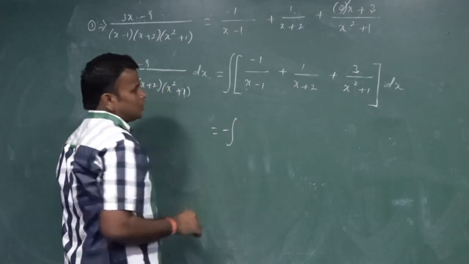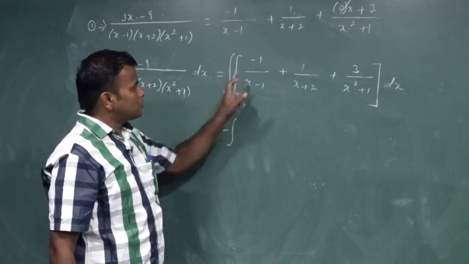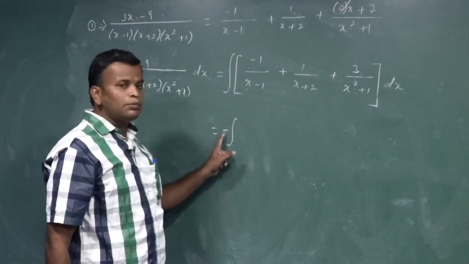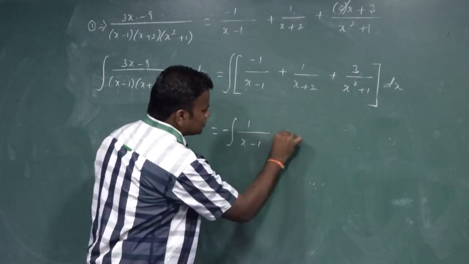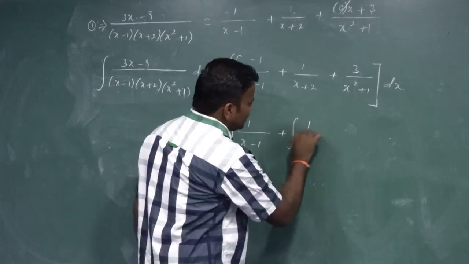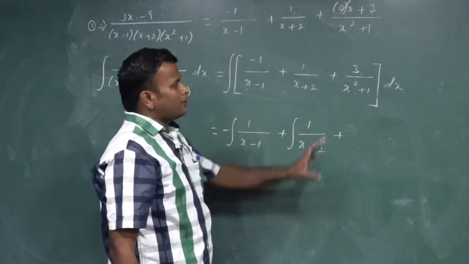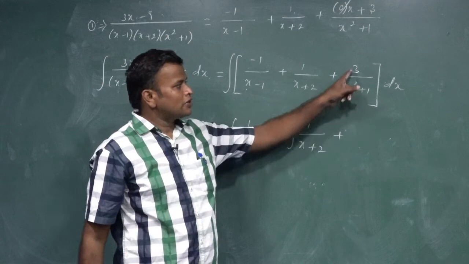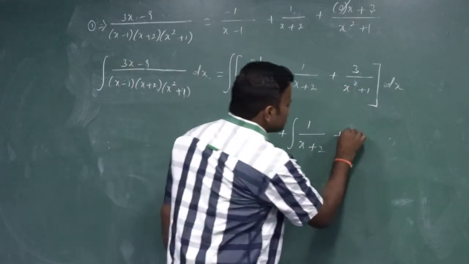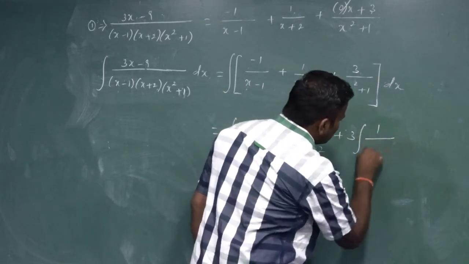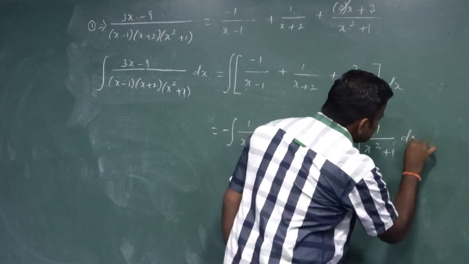For understanding, I will be multiplying the dx term inside. In the first term, minus is common, so I will take it outside: minus integration of 1 divided by x minus 1, plus integration of 1 divided by x plus 2, plus. Now you see the third term, the constant 3 is there, so I will take the constant 3 outside: 3 integration of 1 divided by x square plus 1 into dx.